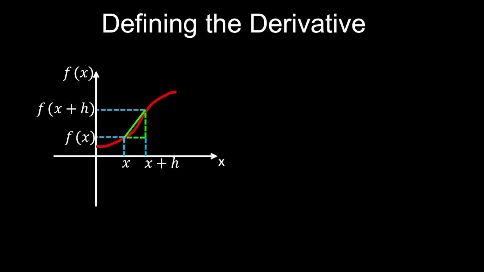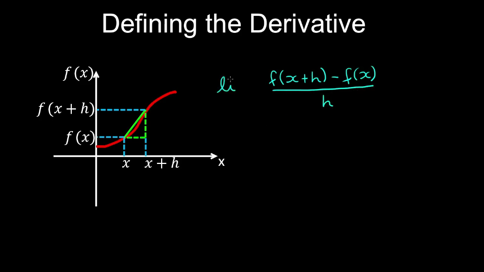Let's do a more formal definition of the derivative. So what we do first is take the average rate of change between 2 points, or the slope of the secant line. So that will be the rise on the run, which is x plus h minus x.